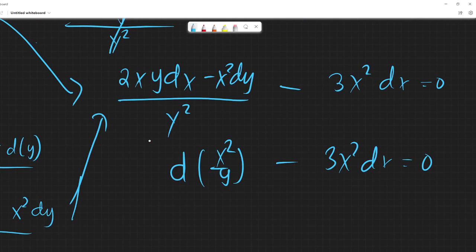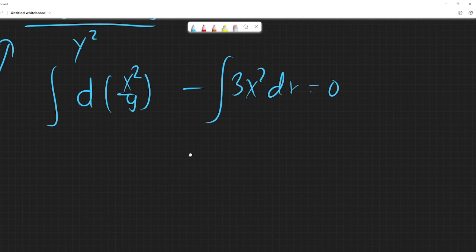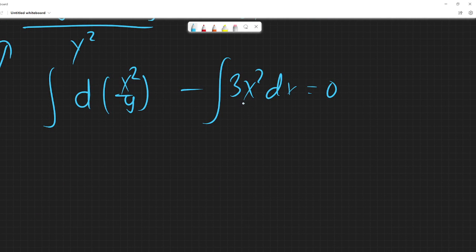So integrating both, since this has the same variable and this will cancel out, integrating also this. So the integral of the derivative of x squared over y will just cancel the integral and derivative, so this will just simplify to x squared over y.